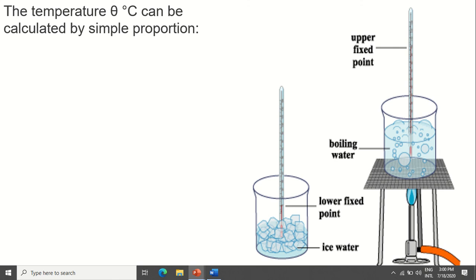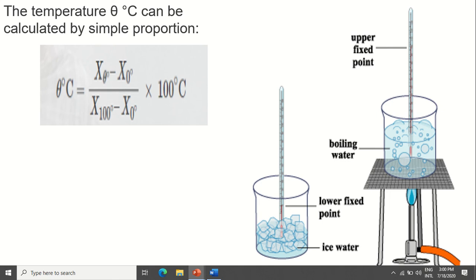The temperature theta degrees Celsius can be calculated by simple proportion. Here you can see the upper fixed point is taken as 100 degrees Celsius, the boiling point of water, and the lower fixed point is taken as 0 degrees Celsius, the freezing point of water.